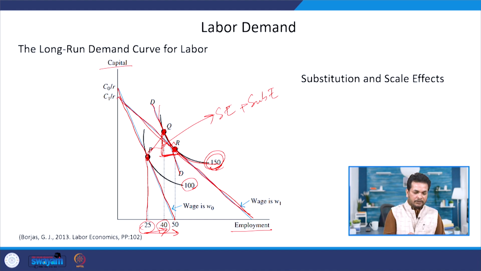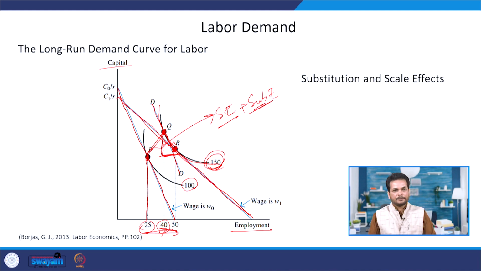So, movement from P to Q is the scale effect. Moving from Q to R, the farm is adding another 10 workers because of this substitution effect. So, as a result, we can see the farm employed 50 workers: 25 to 40 is because of the scale effect and 40 to 50 is because of the substitution effect.